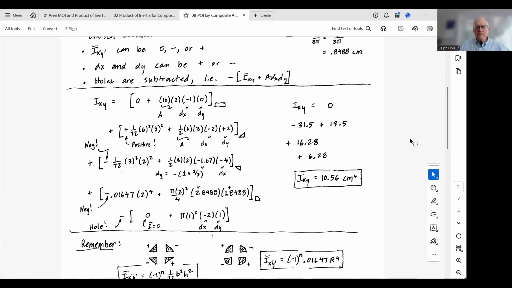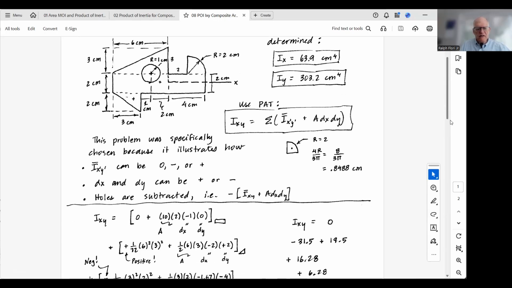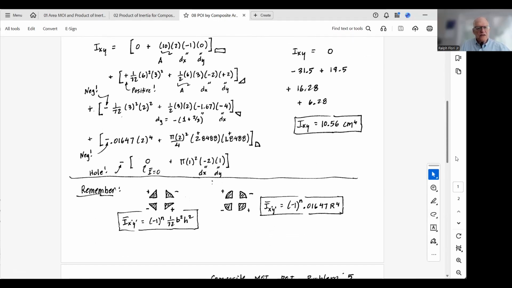His dx is minus 4. So when you go from the y-axis to his centroid, it's 3 plus 1, which is minus 4, is his dx. His dy is minus 1 plus 2/3, which is 1/3 of 2. So negative 1.67 is his dy.